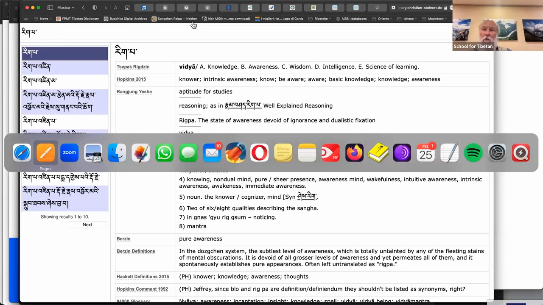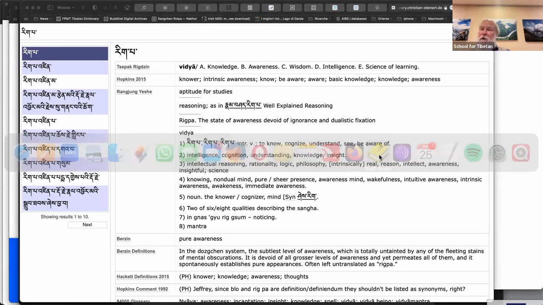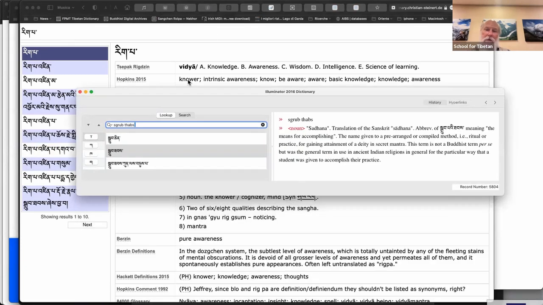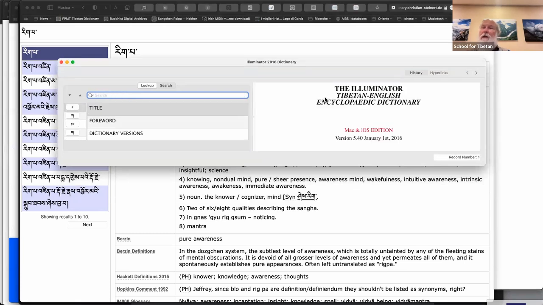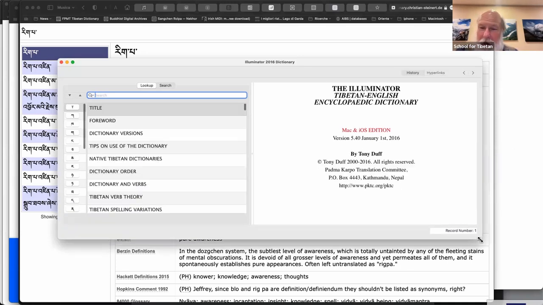Another one, which is a way better dictionary, is called the Illuminator, with a high degree of humility. It's a dictionary produced in Nepal by Tony Duff and his team.